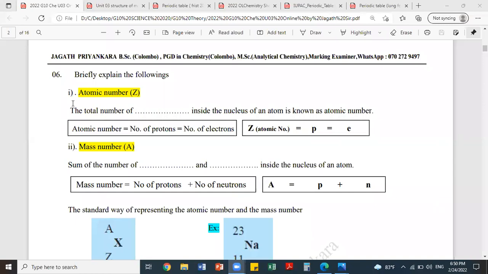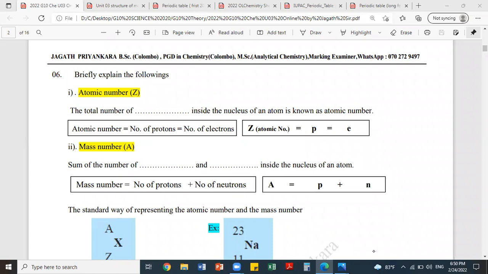Please raise your hand if you have the printout of this. How many of you have got the hard copy? Good, those who have got the printout, very good.